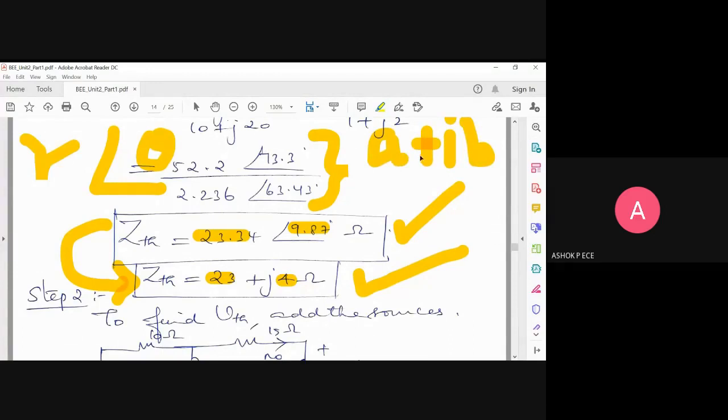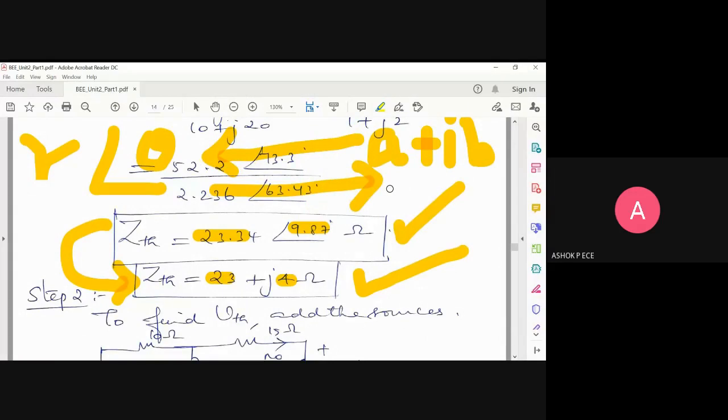And how to convert a plus ib to r angle theta? Root of a square plus b square is r. Tan inverse b by a is theta. So I have given you both the formulas. Don't get confused. And wherever you use, please consider the sign also. Sign is very, very important.